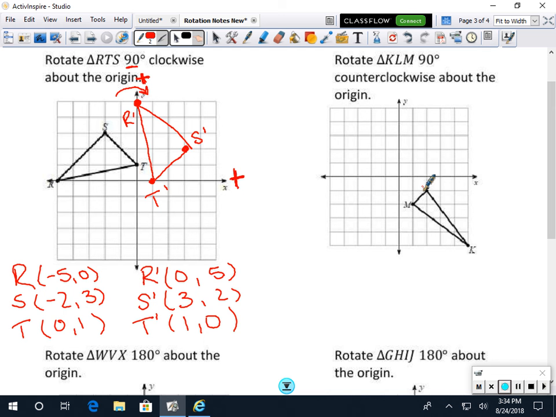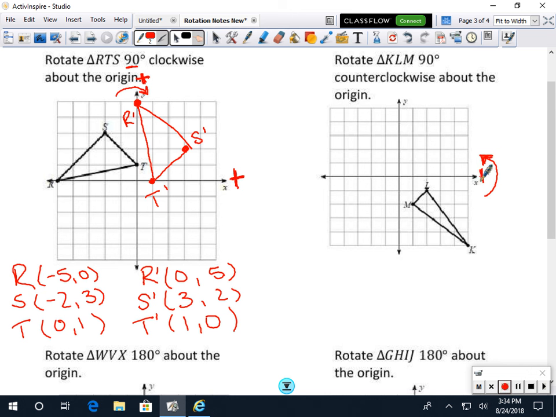Okay, for the next example here, I'm going to take triangle KLM, and I'm going to rotate it 90 degrees counterclockwise about the origin. So I'm going to take each of the coordinates of these points, and then I'm going to rotate 90 degrees counterclockwise. So from here, counterclockwise would mean I'd move it here, up into quadrant 1.